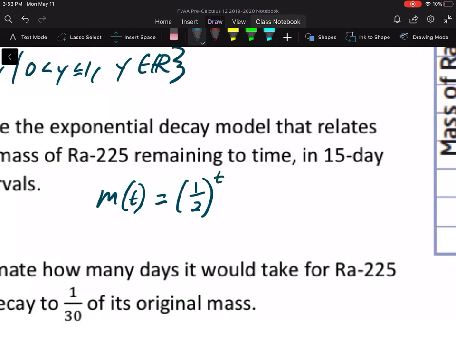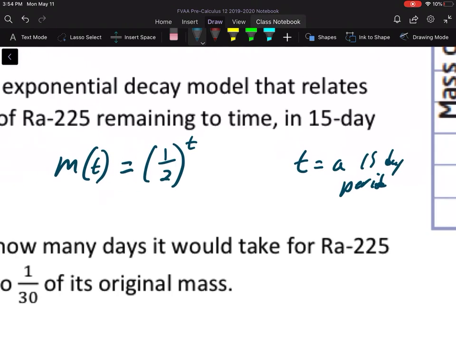So if t is my exponent, t is equal to some multiple of 15, or t is equal to a 15-day period. So if it's 30 days, then t would equal 2. Does that make sense? I don't know if I expressed that as clearly as I could have. So if 45 days have passed, then t is equal to 3, and so on and so forth.